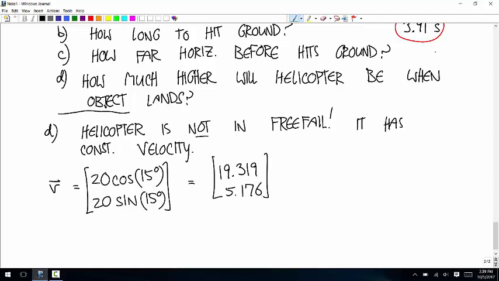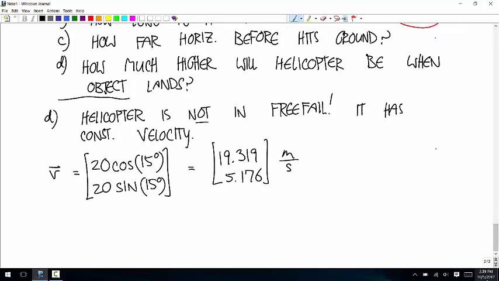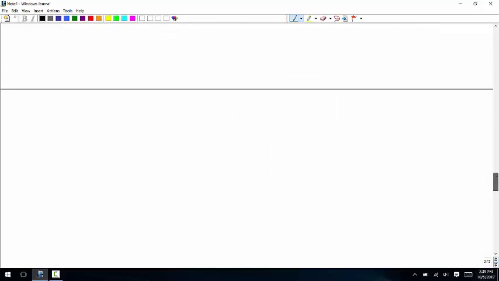Okay, so the helicopter keeps that velocity vector the whole time. So now we're going to figure out how high the helicopter is after 3.91 seconds.